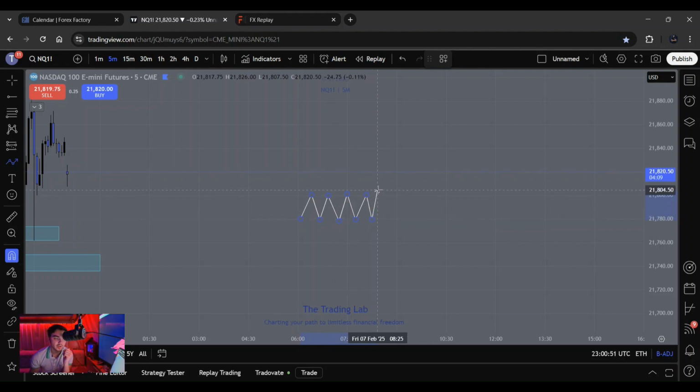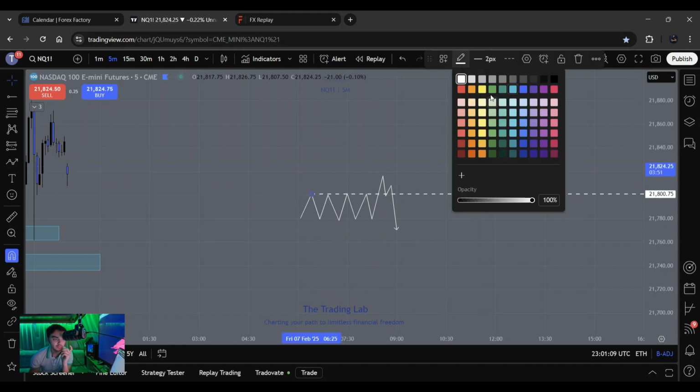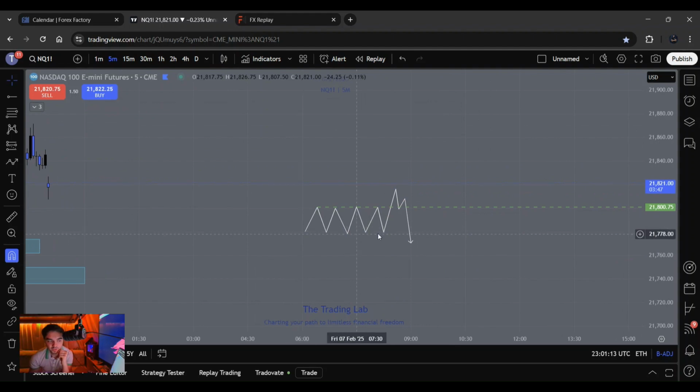Then we see price come up. We sweep out these highs. Then we start to see a sell-off back to the lows. This is your liquidity sweep. Then where's it going to target next? The opposite side of liquidity.